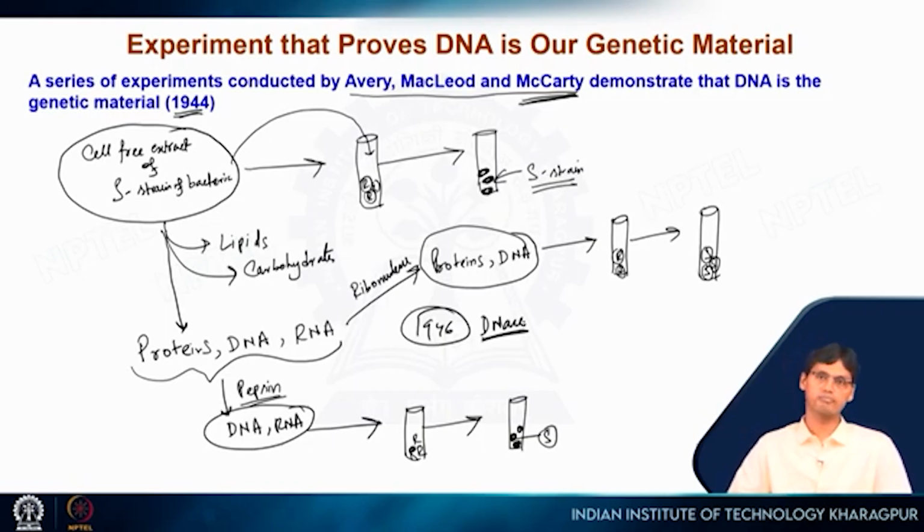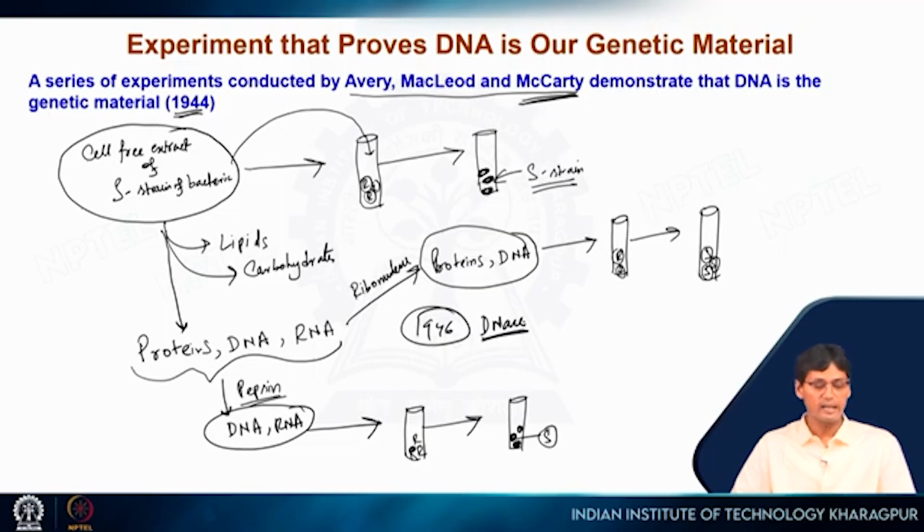This experiment proved that DNA is our genetic material. But as I told you, this was in 1944, Second World War time, and most of the scientists didn't pay much attention. Part of the reason was that most scientists believed protein was the ultimate thing.